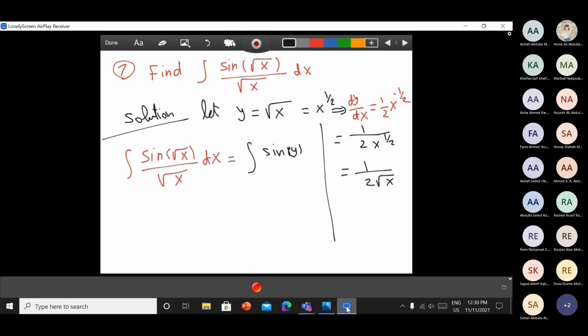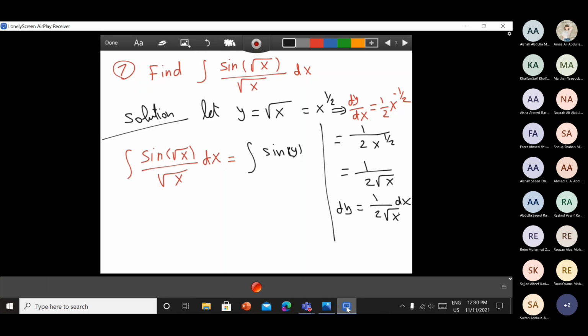Okay. Now I'm looking only for dy. dy by dx is equal to 1 over this one. So dy will equal to what? 1 over 2 root square x dx. Now I have dx over root square x, but I don't have this 2. So what am I supposed to do?